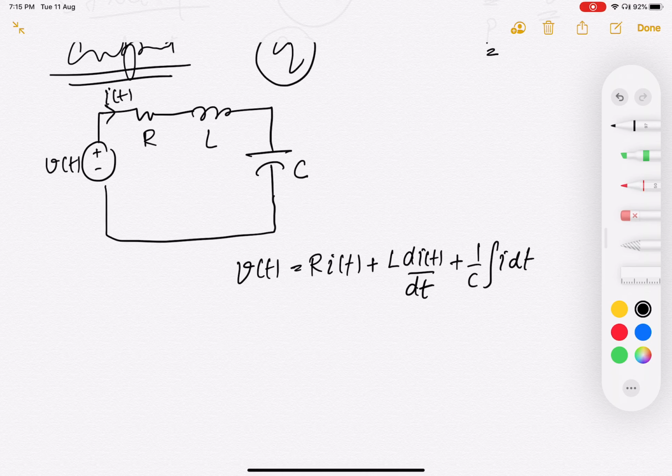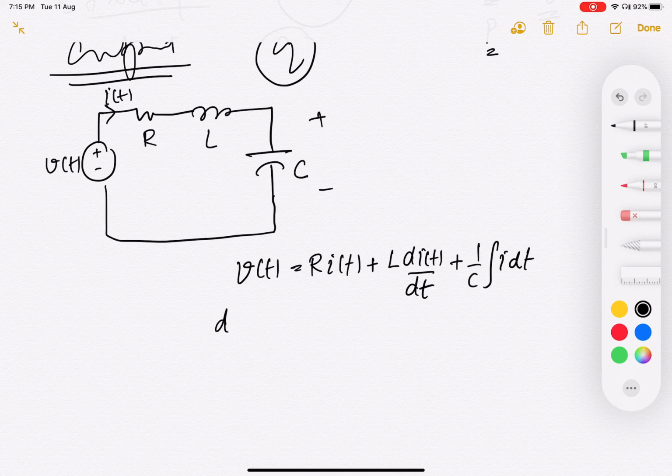Now, we can write an integral differential equation for this, right? Sorry, the other way around, we write the differential equation.